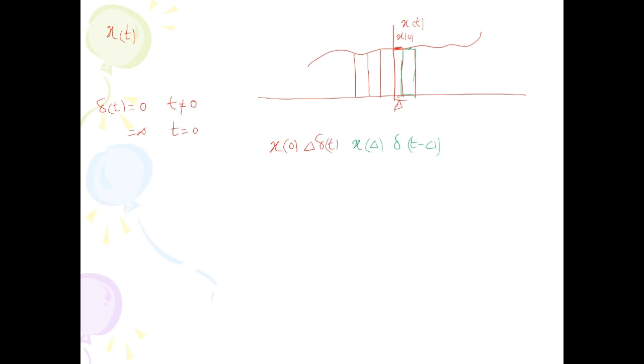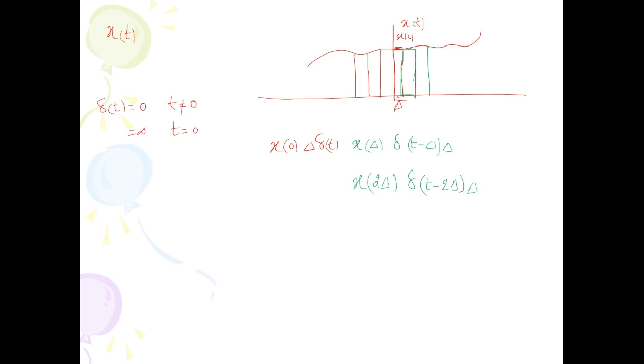Now here the shift will be delta, so this is with respect to the second pulse. Similarly, with respect to the third pulse, this value will be x of 2 delta, delta is shifted to 2 delta, and the width of the pulse will be delta.